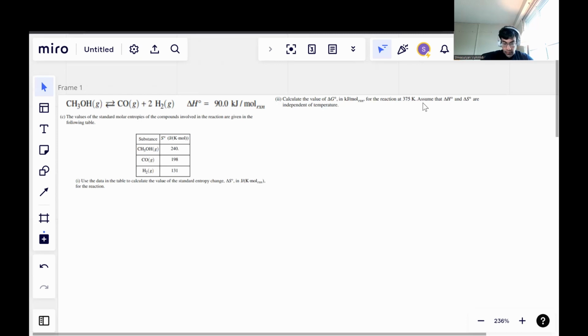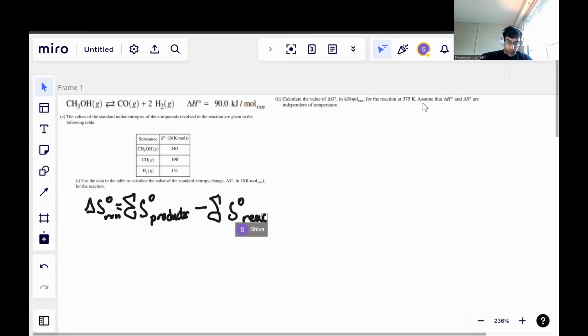So to do that, we have to understand that delta S standard of the reaction is just equal to the sum of S of the products minus the sum of S of the reactants.